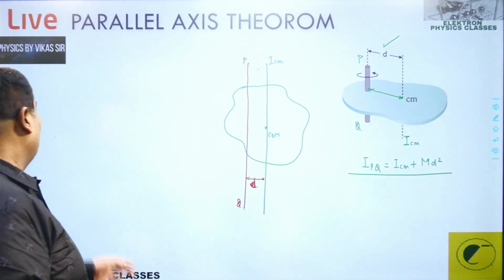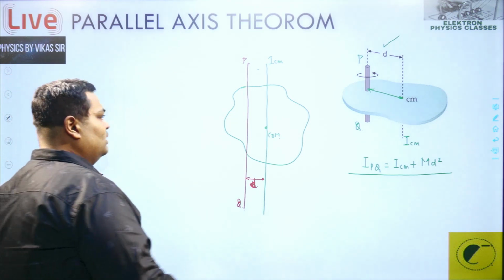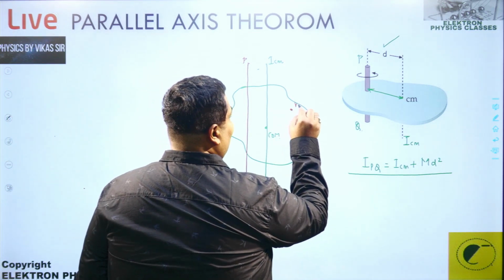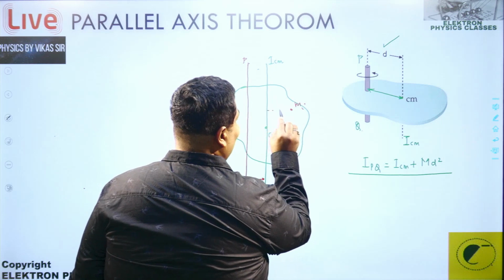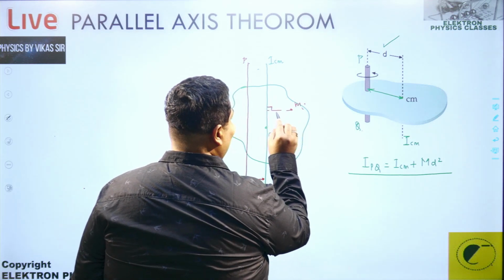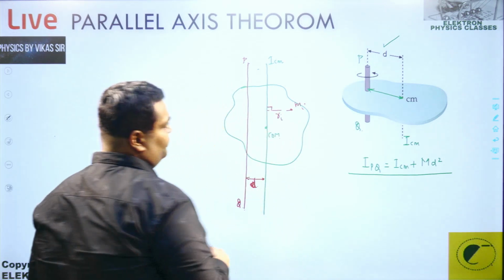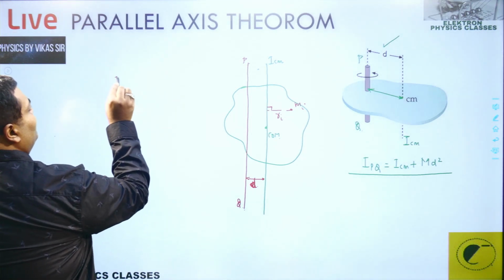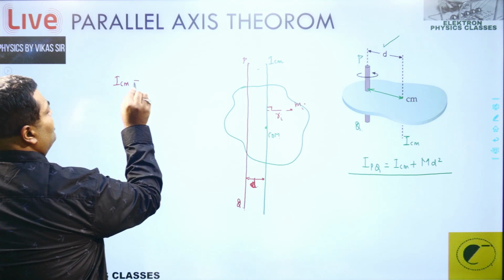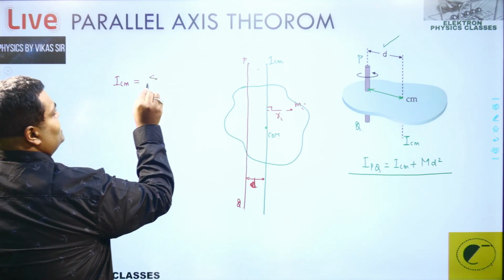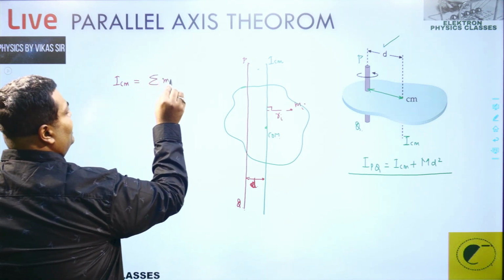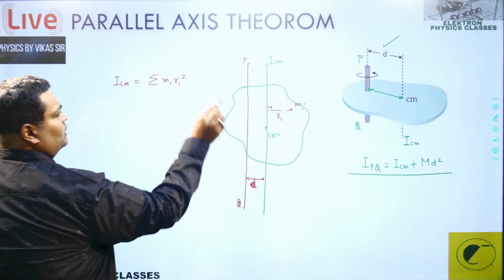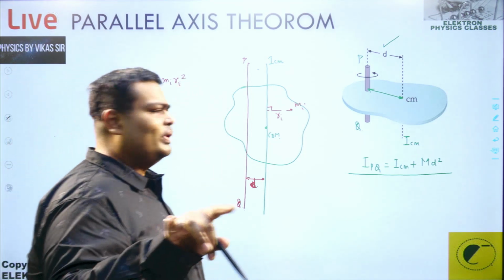Now consider a particle here. Let's say the ith particle. And drop the perpendicular. So that perpendicular is, let's say, r, the perpendicular distance. So, what's the moment of inertia about the center of mass axis? That will be summation of mi ri square, i from 1 to n.